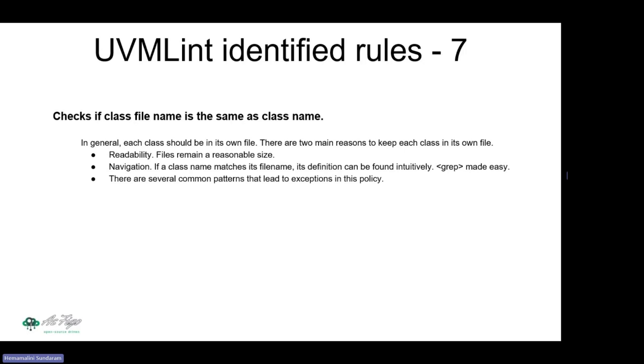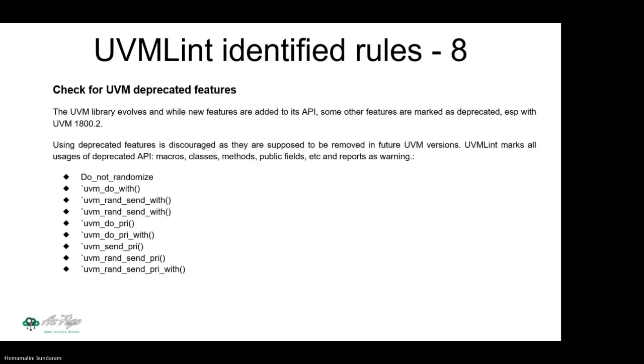That means you can grep it very easily, because if the file name and the class name are the same, grepping is easy. There are several common patterns that lead to exceptions to this policy, where the class file name is not the same as the class name, but we are planning to follow this. This is one of the rules being checked in the UVM linter.